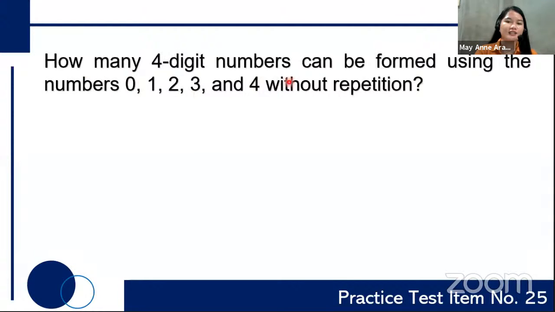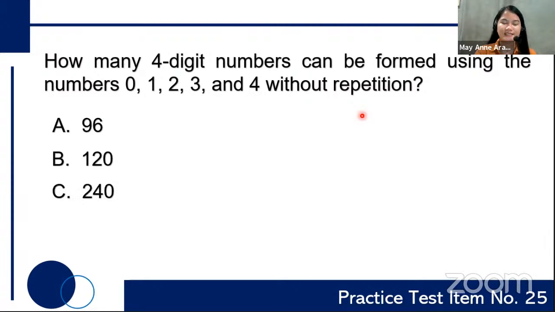How many 4-digit numbers can be formed using the numbers 0, 1, 2, 3, and 4 without repetition? These are the options. A, 96, B, 120, C, 240, and D, 625. Okay, so we will use here the fundamental counting principle. So since we need to form 4-digit numbers and one of the options here is 0, diba?